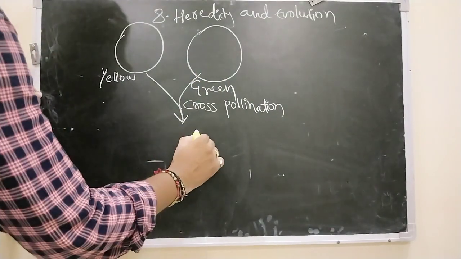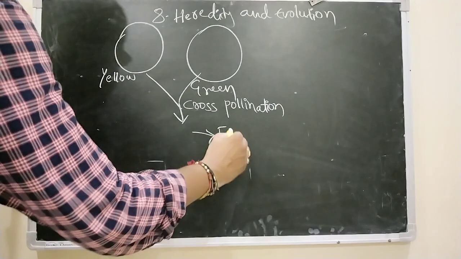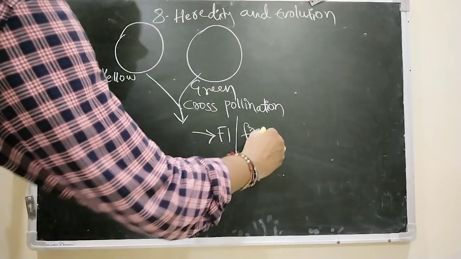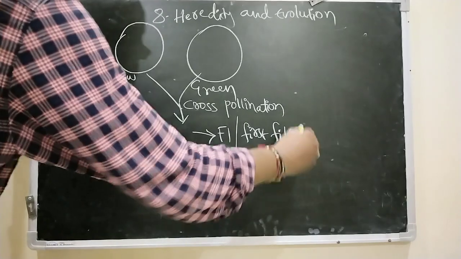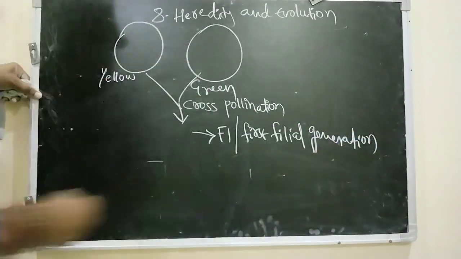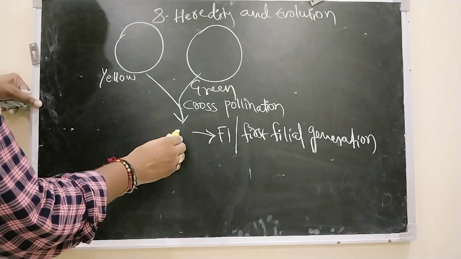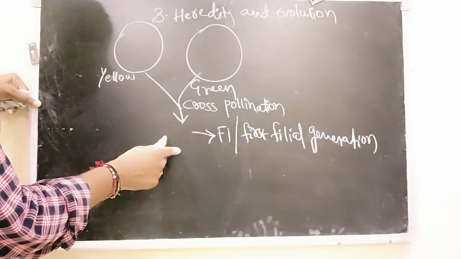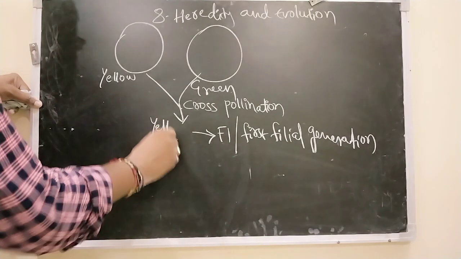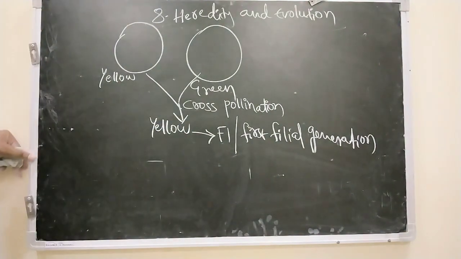Then a generation is obtained. It is called the F1 generation or first filial generation. In the F1 generation, what is the color of the seeds? Yellow.